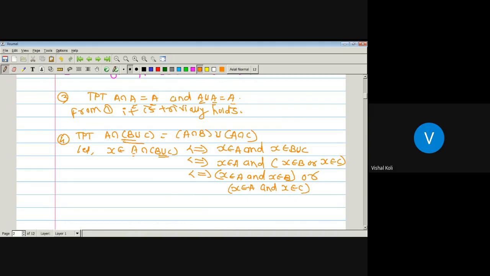Since X is belonging to A and X is belonging to B or C, therefore X is belonging to A and B, or X is a member of A and C. These are the two possibilities.